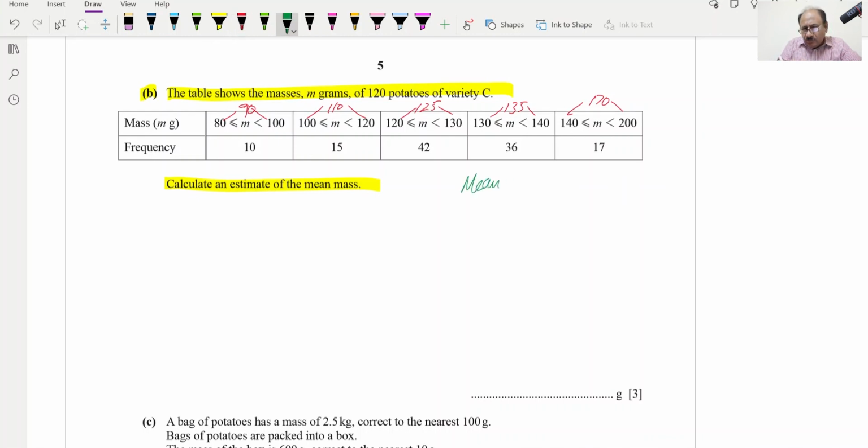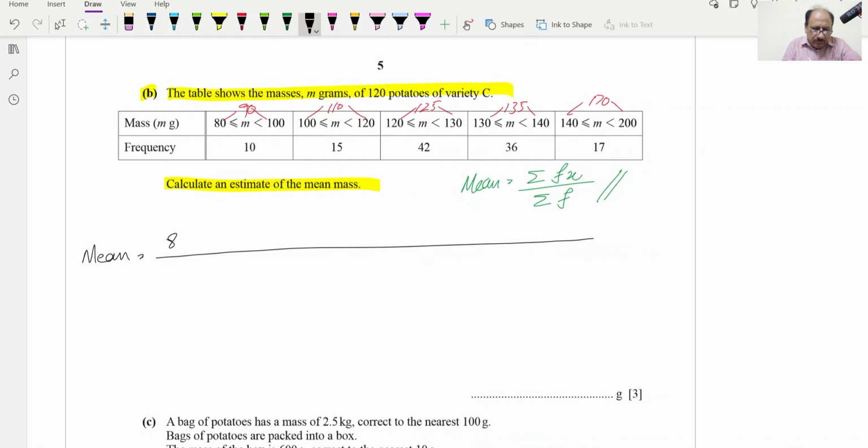These are the mid ranges, so we can find the mean, and mean is what? Mean is equal to sigma fx over sigma f. This is the formula which we will be using, and we can write mean is equal to, we can multiply these numbers.